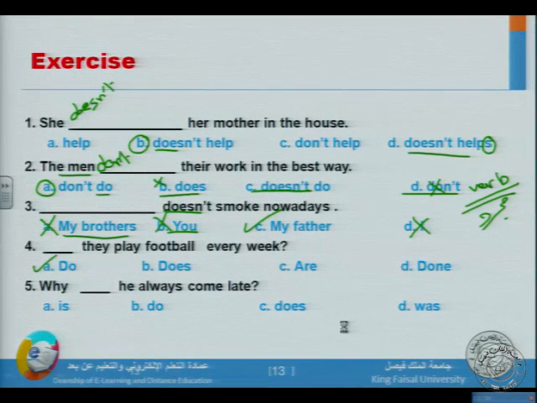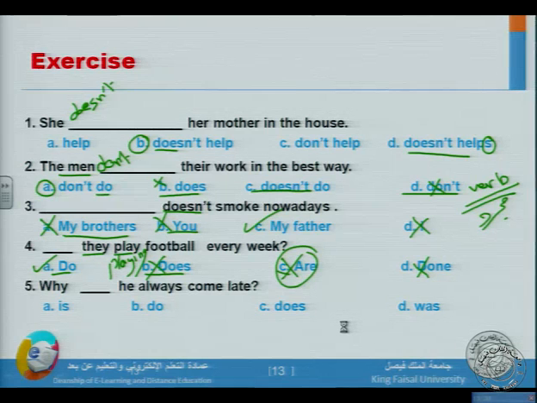Do they play football every week؟ صحيحة لأنه they جمع و do جمع. ما بنقدر نحكي does لأنه they جمع و does تأتي مع المفرد. are ما بنقدر نستخدمها لأنه play مش فيها ing. لو كان playing لكان الجواب الصح are، لكن هي ليست ing. Done أيضا خاطئة. It cannot be at the beginning of a sentence or a question.